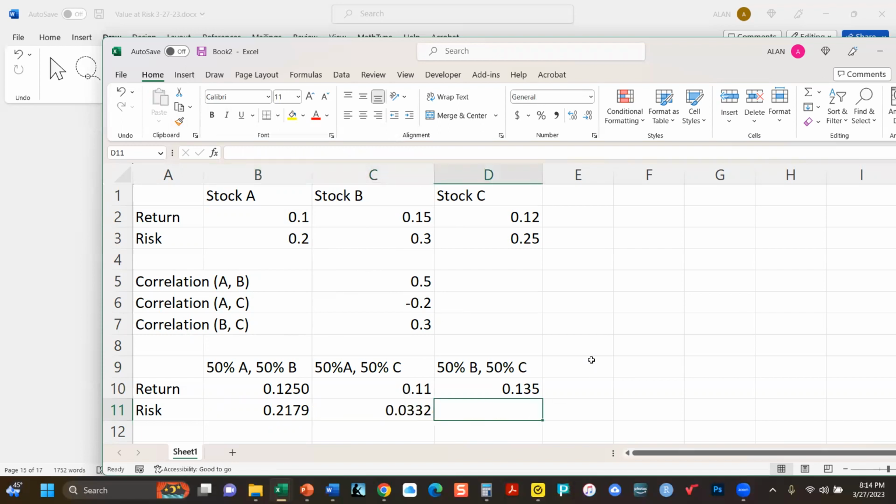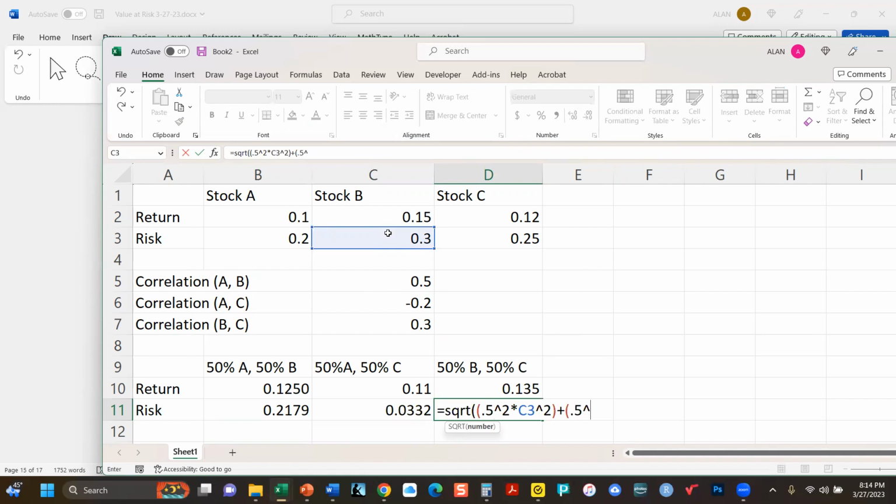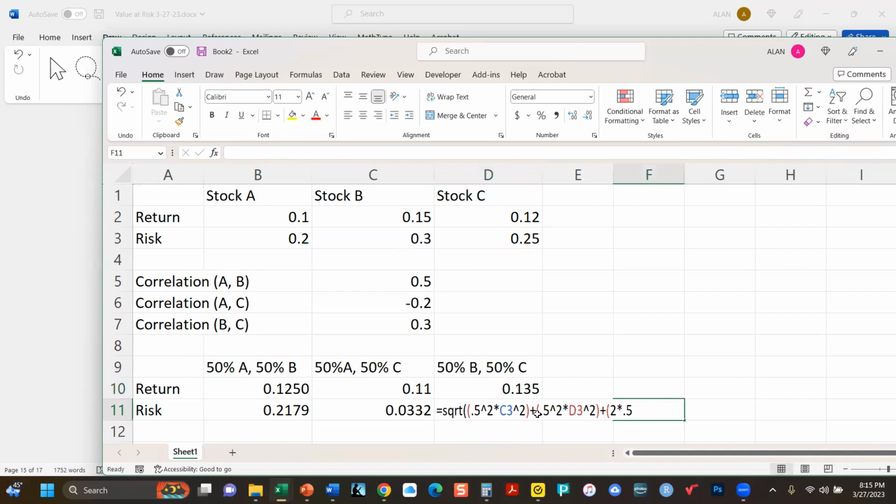And now for this one, it's B and C. What is going on with this thing?